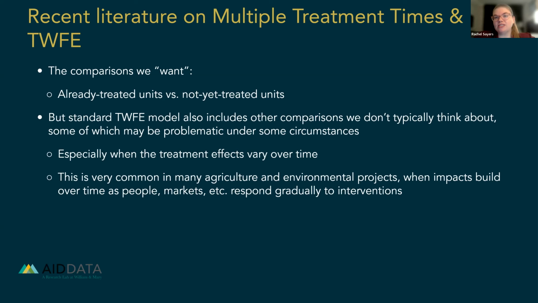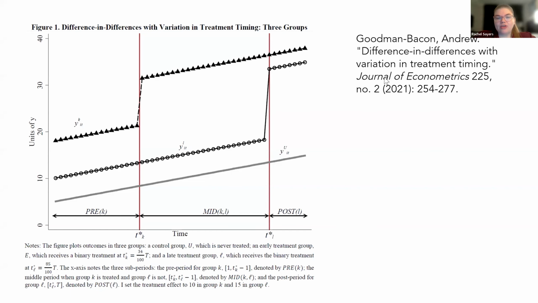So this might be something that you run into a lot with your work, just by the nature of the interventions. We'll give a quick illustration of this problem. In this graphic, we have three groups. The solid line at the bottom is our control group that, as we mentioned before, you don't need, but in this example, we'll include it.